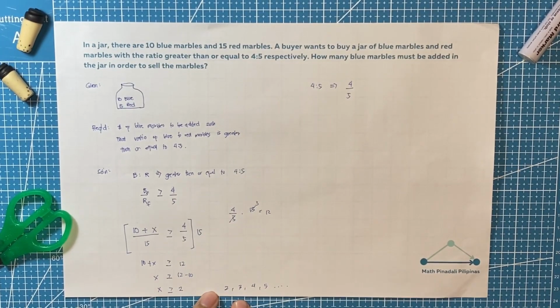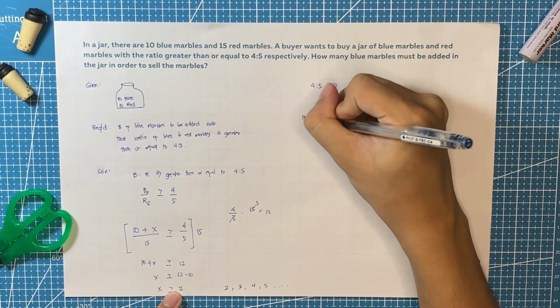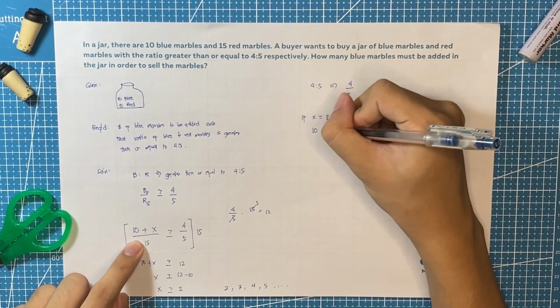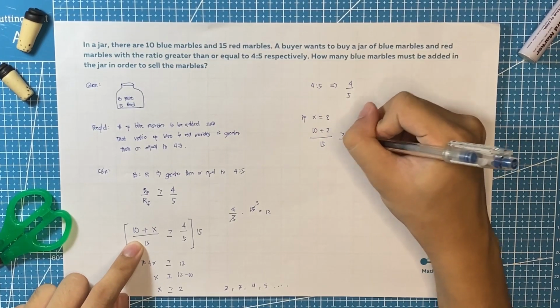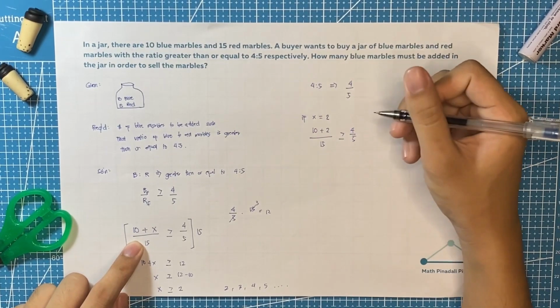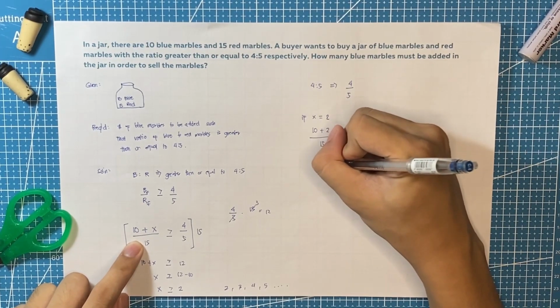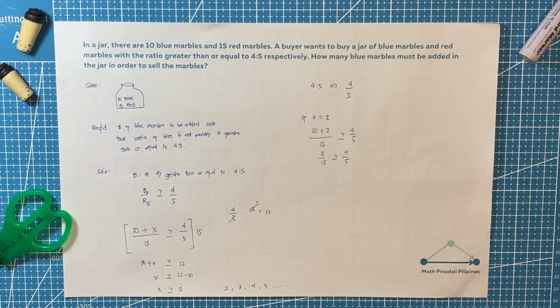Let's check kung tama. Let's assume na yung idagdag natin is x equals 2, that would mean 10 marbles plus 2 marbles over 15 is greater than or equal to 4:5. 10 plus 2 is 12 over 15. Now, how can we compare this? Siyempre, i-transform natin siya into decimal form.